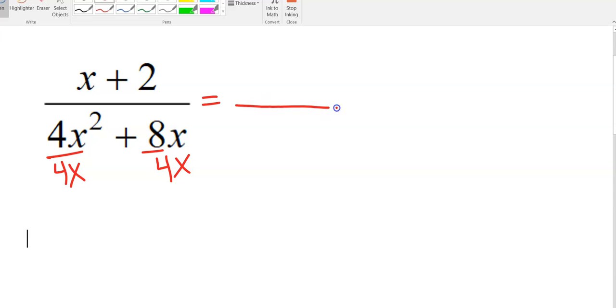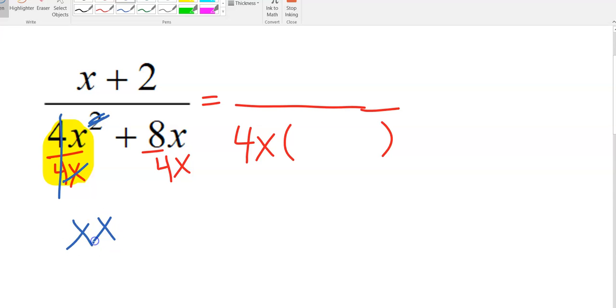Now I'm only taking it from the bottom. I'm factoring out a 4 and an x. I have to include that in my denominator. And 4x squared divided by 4x, the 4's are going to cancel out. One of the x's down here is going to cancel out one of the x's up there, because in the numerator I've got x squared, which is technically x times x.